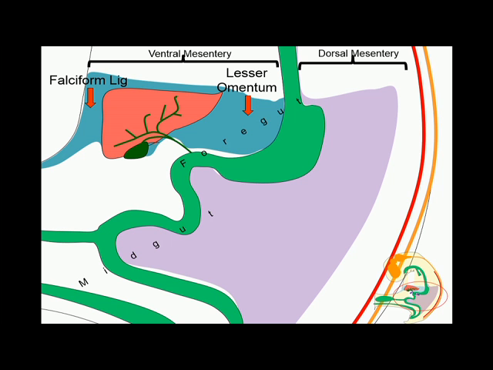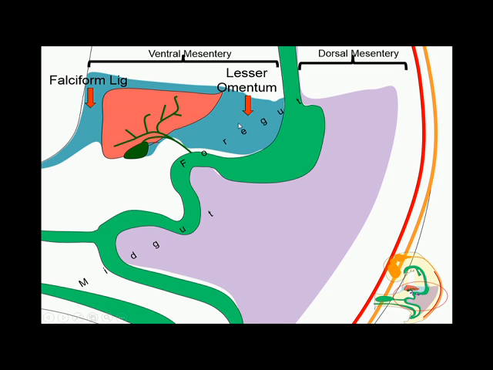You can call it the hepatogastric ligament, because it comes from liver to the stomach, or it's called the lesser omentum. So therefore the lesser omentum and the falciform ligament are derived from ventral mesentery.